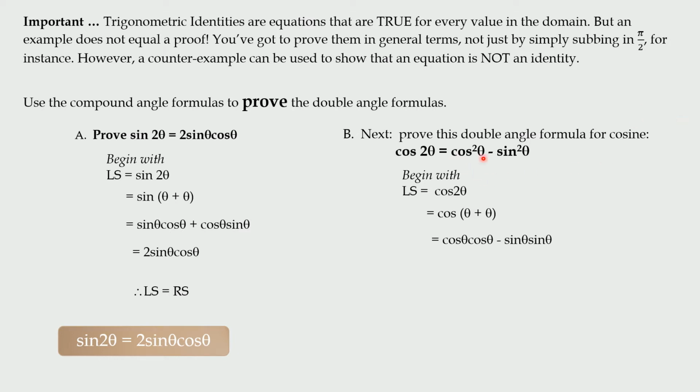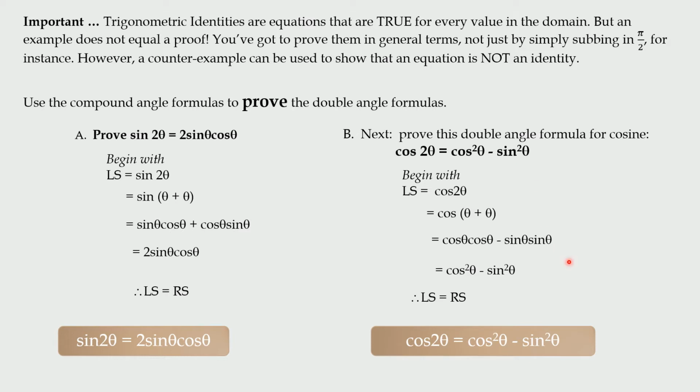Up here you can see how we're really there now, because cos theta times cos theta is cos squared theta, and same with sine. So what we started with, cos 2 theta, we got it to equal the right side. Our left side is equal to our right side, so we've just proven this double angle formula for cosine. So we've proven 2 of them so far, so you're adding these 2 onto your list.